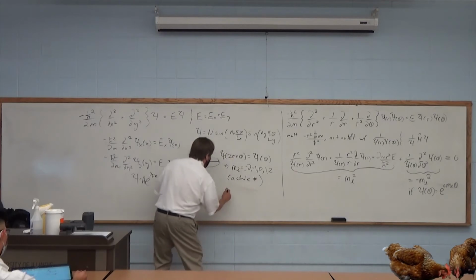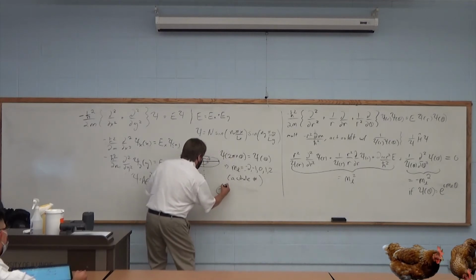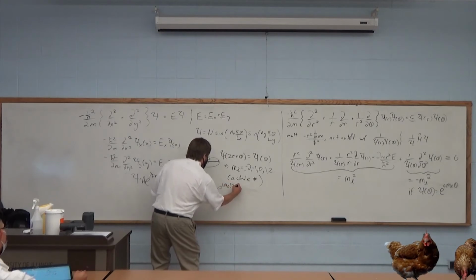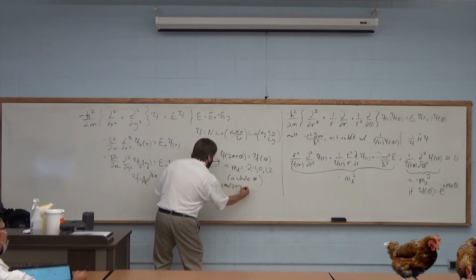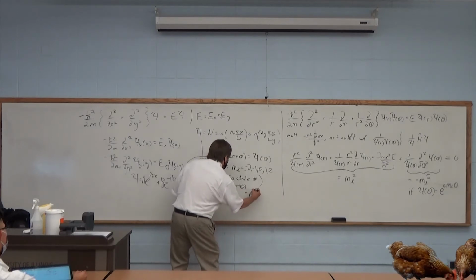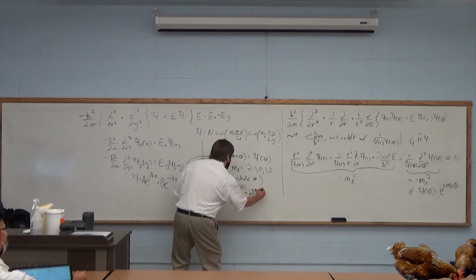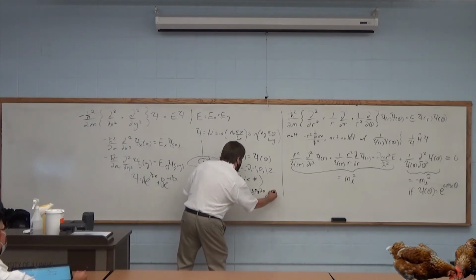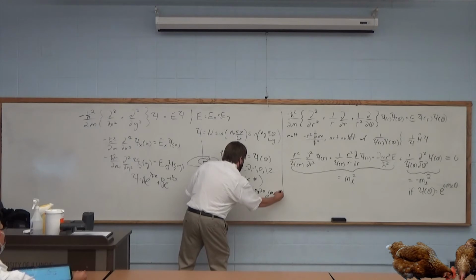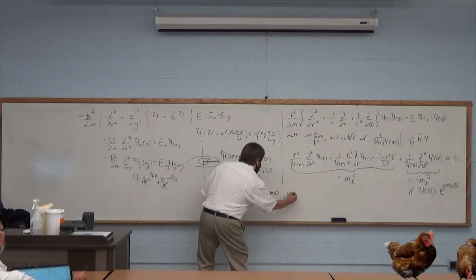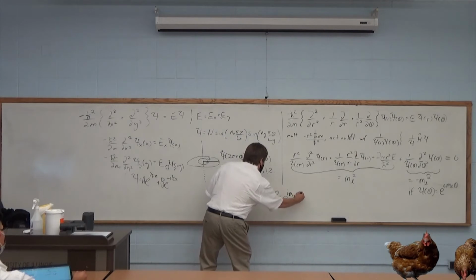I just got ahead of myself, and notice I'm not looking at my notes. I screwed it up pretty royally. Then we get e to the i m sub l 2 pi times e to the i m sub l phi is equal to e to the i m sub l phi.